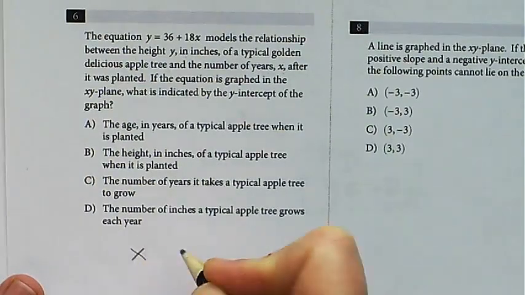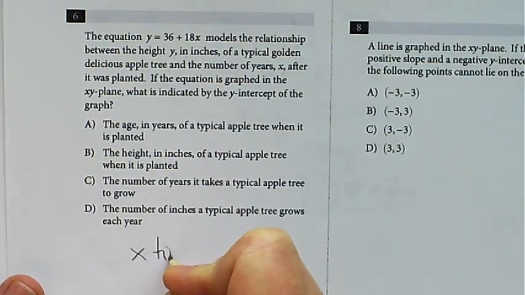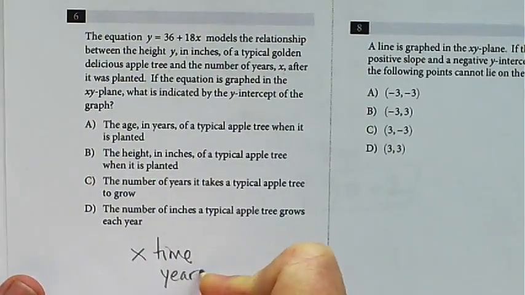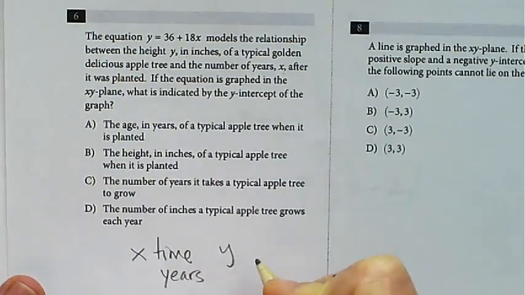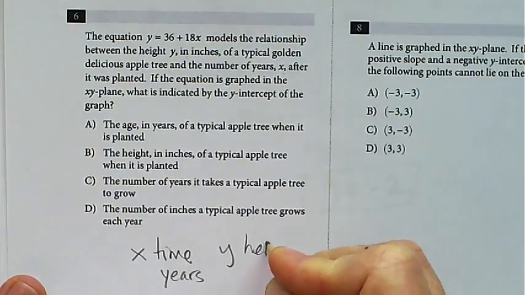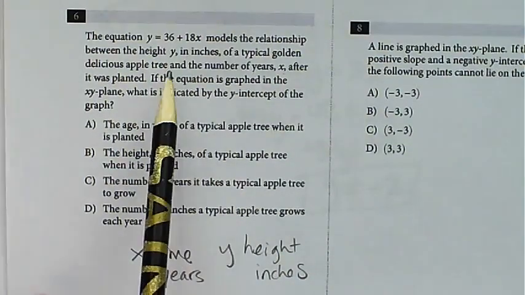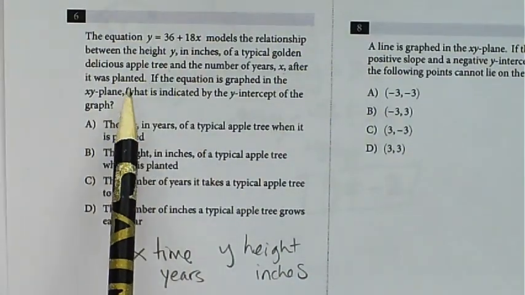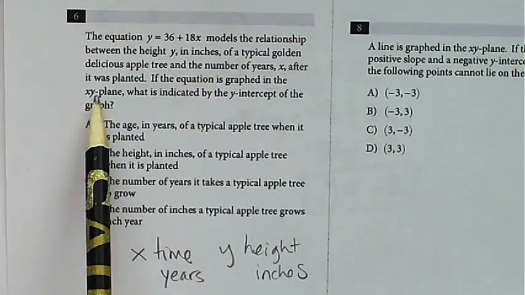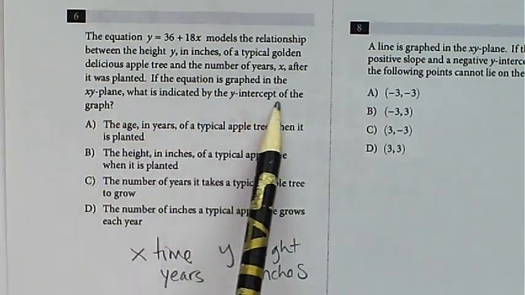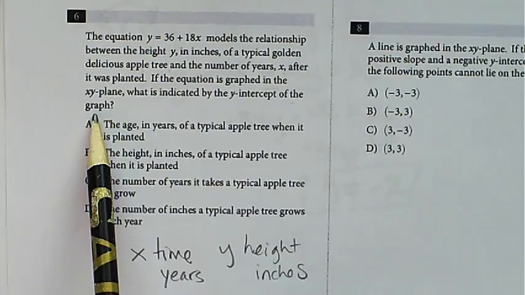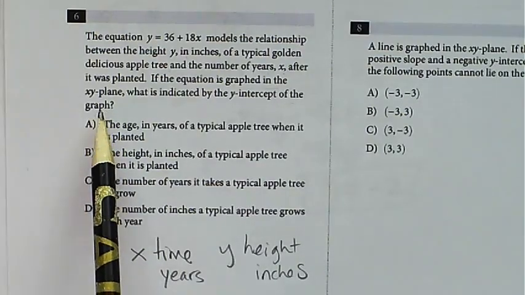You're looking at the time in years and the height in inches, and it says if the equation is graphed in the xy plane, what is indicated by the y-intercept of the graph? So your y-intercept is your starting point.